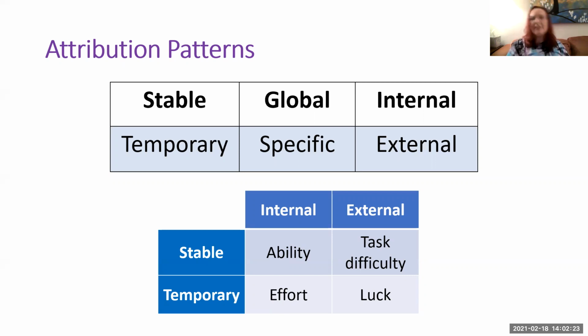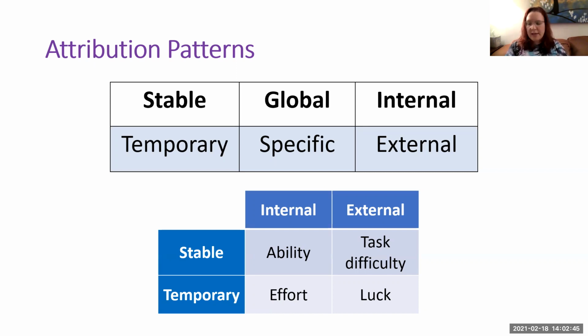On the other hand, let's say that they are doing poorly in a math class. If we're looking for stable external explanations, we might say that the kind of math that they're doing is really difficult, and that's why it's coming out as a stable external explanation for them doing poorly.